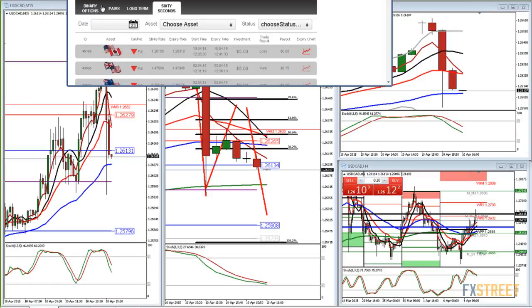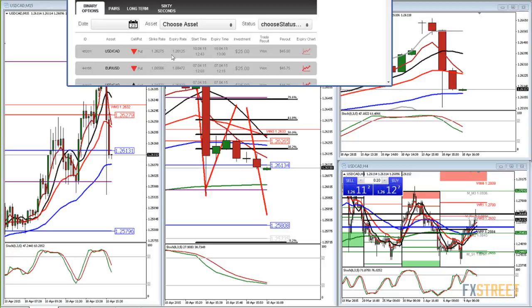So where's mine? Oh, there it is. It just didn't update yet. All right, USD CAD, a put, the strike rate 126.27, expiration 126.12. I was in it for 18 minutes, turned $25 into $45.